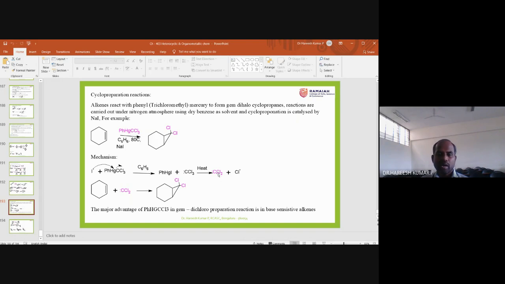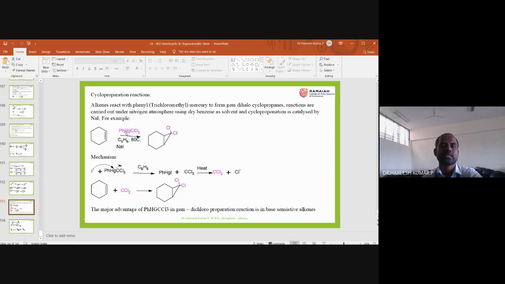This dichlorocarbene, with one electron, will form a bond here. With another electron, it will form a bond here. That is how cyclopropane is obtained. This process is called cyclopropanation, and the reagent is called phenyl trichloromethyl mercury. This is about cyclopropanation.